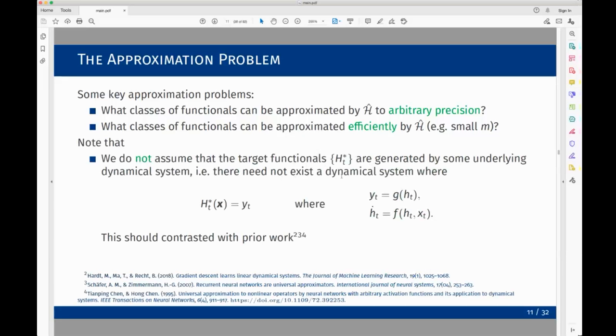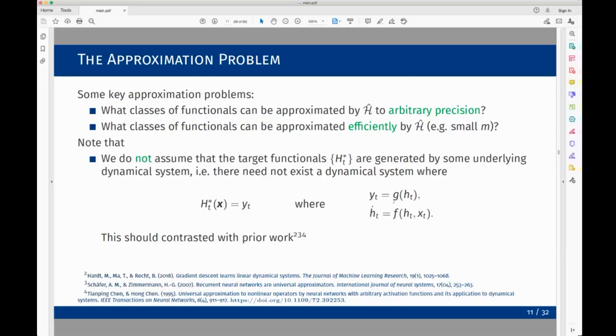In other words, there need not exist a dynamical system where H star t of x equals y_t, with y_t determined by g of h_t and h_t given by a dynamical system f of h_t, x_t. In that case, our recurrent neural network would be more like learning the functions g and f, and once we can approximate g and f, we can of course approximate the whole functionals very well.